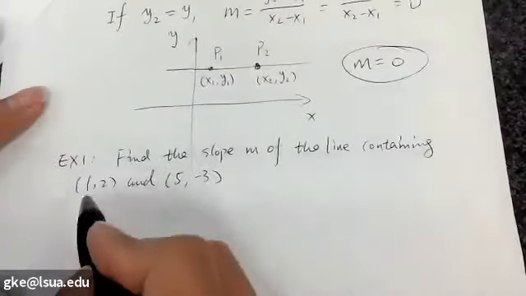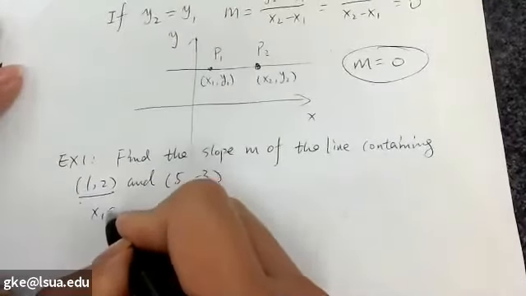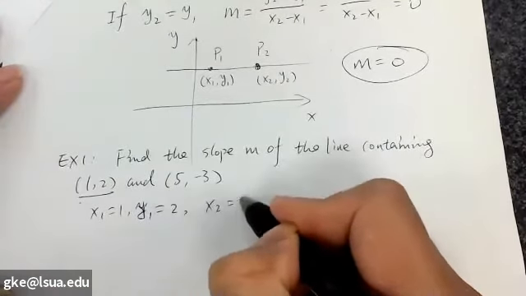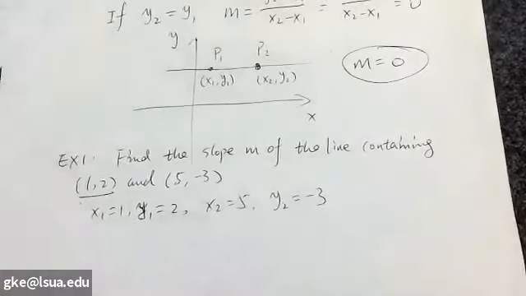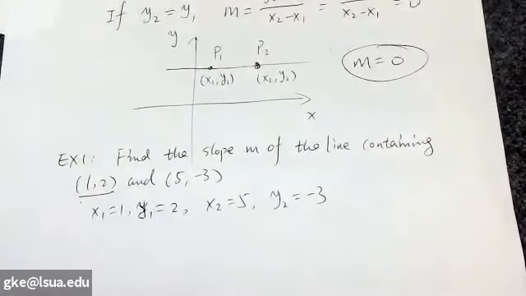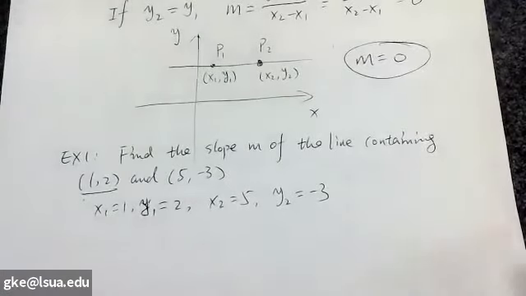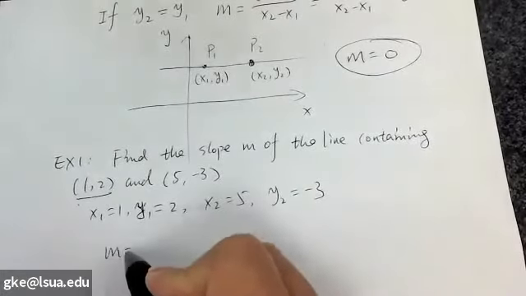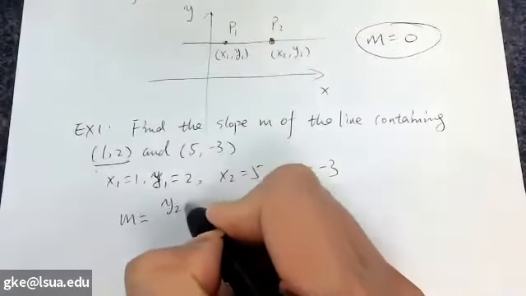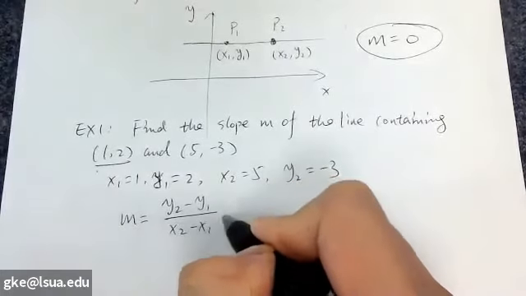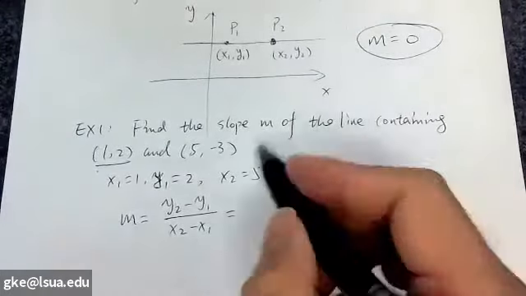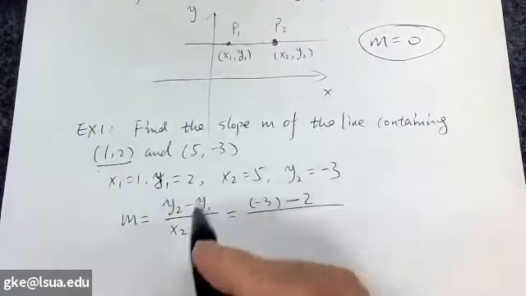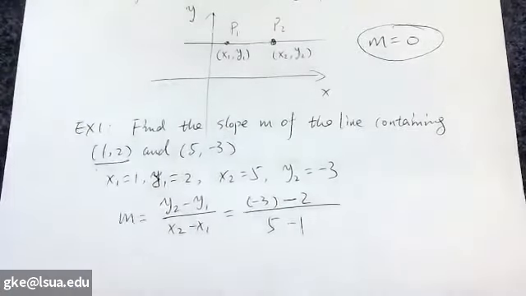So for this case, x1 equals 1, y1 equals 2. Follow the formula and plug in. Be careful, here's a -3, subtract y1, which is 2, over x2 subtract x1.